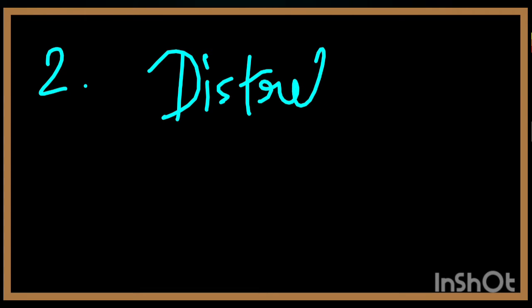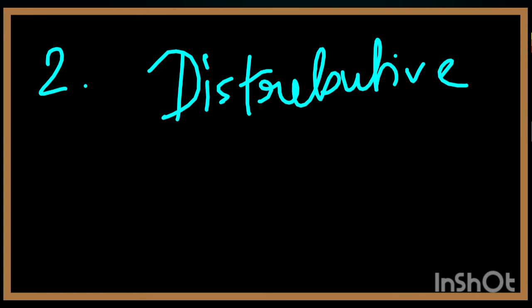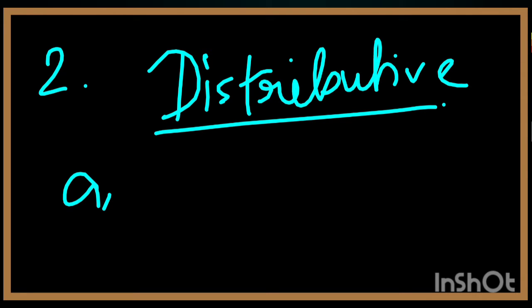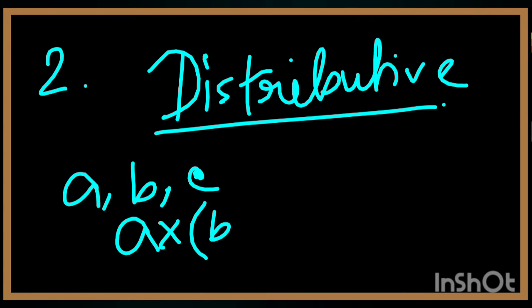Before starting question number 2, we have to recapitulate our distributive property. The distributive property tells us that if A, B, C are three whole numbers, then we can write this in this way.